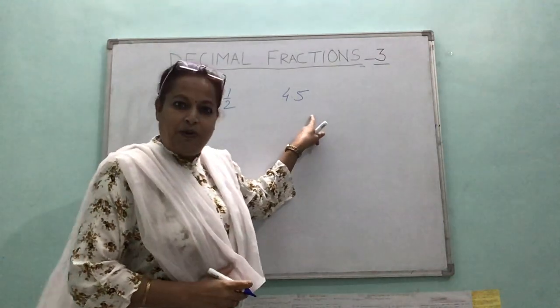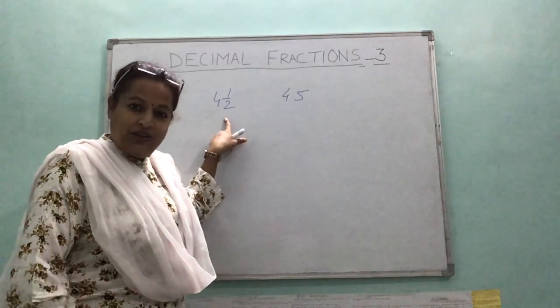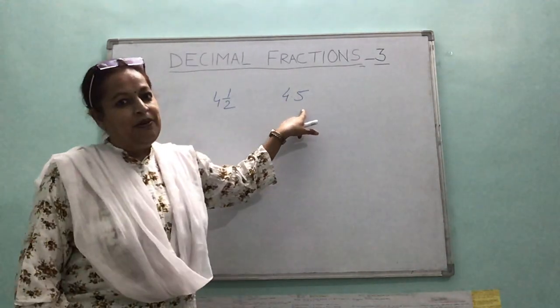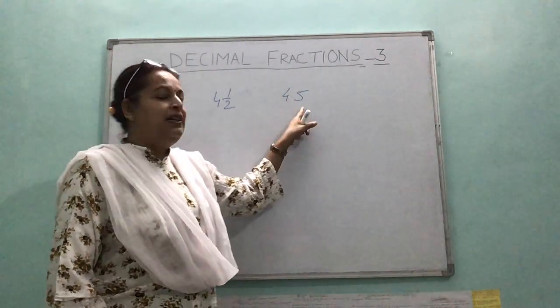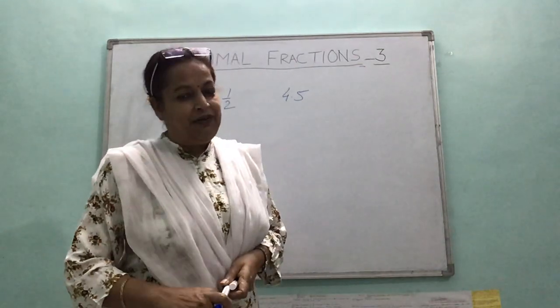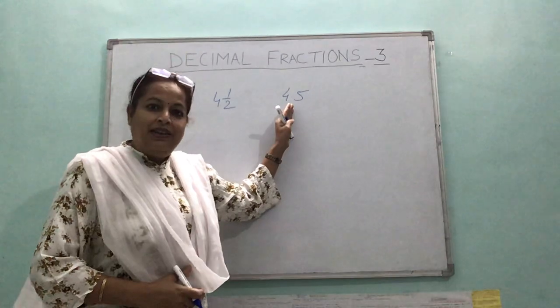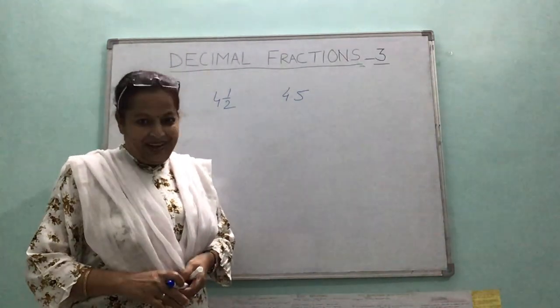Now you see, 4 1/2 is in which form? Fraction form. And the same can be written in which form? Decimal form. And this you are very used to. That 4 and 1/2 marks in the test can be written as 4.5. That means fractions and decimals are nothing but different ways of representing the same thing.